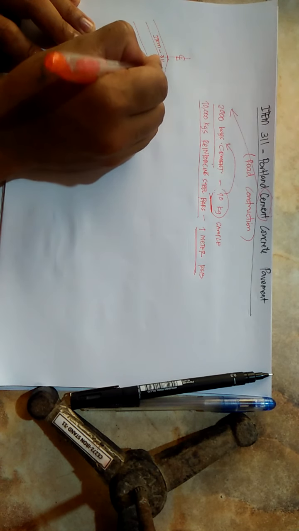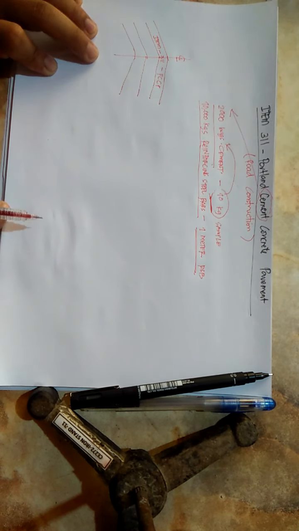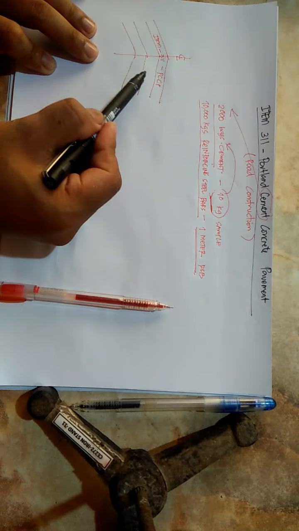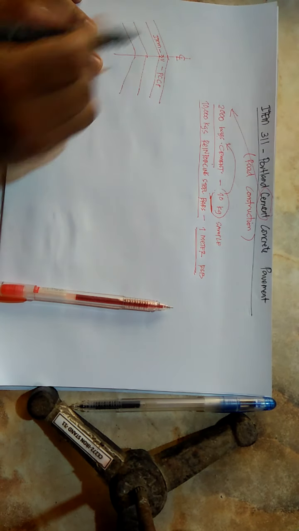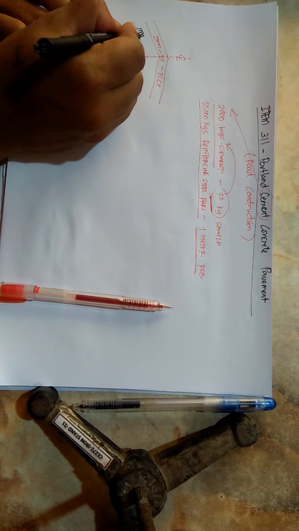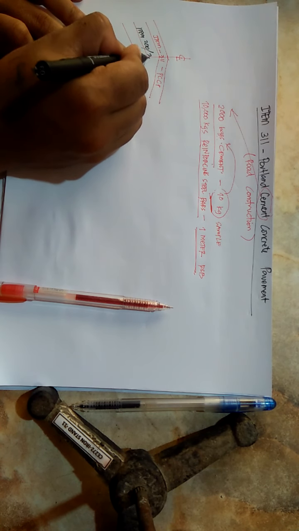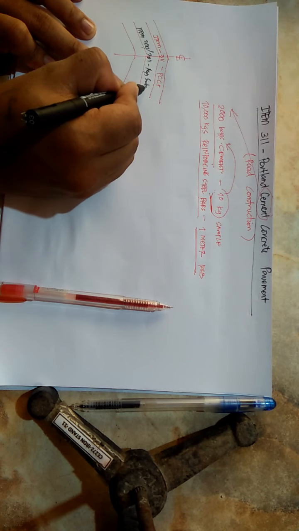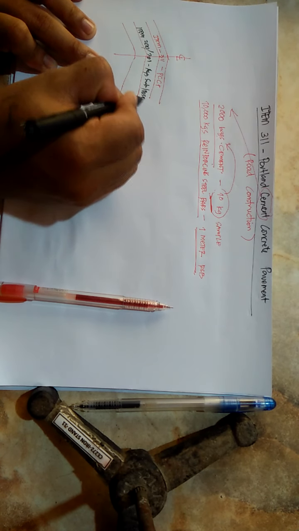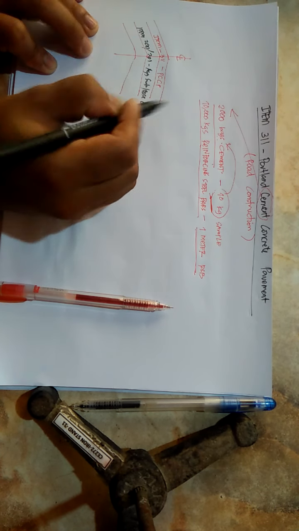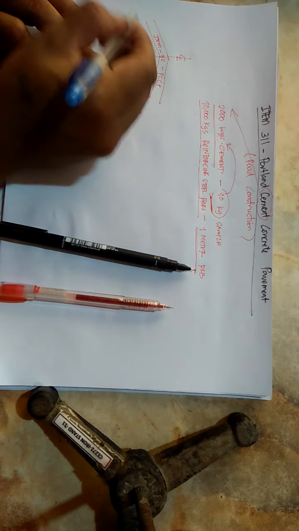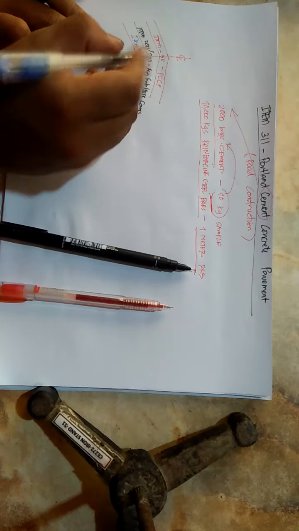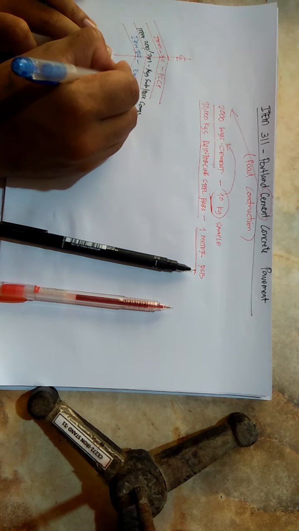Item 311 mo is your Portland cement, concrete, pavement, and sa below your item 311, it's either this one is item 200 or item 201, which is your aggregate, sub-base, or base course. Okay? And then, for your item 104 naman, yun nasa baba ni item 200. This one is your embankment.